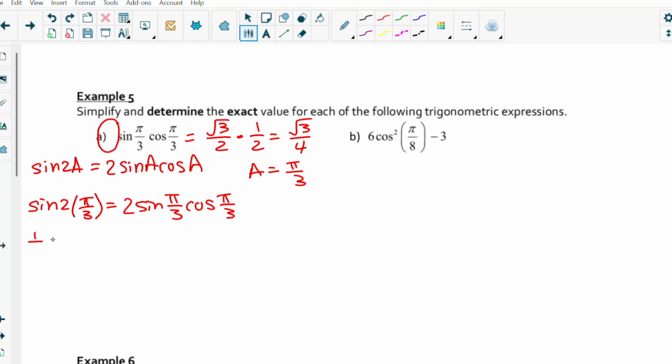Well, I'm going to multiply both sides by 1/2.